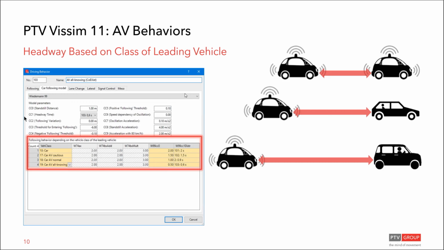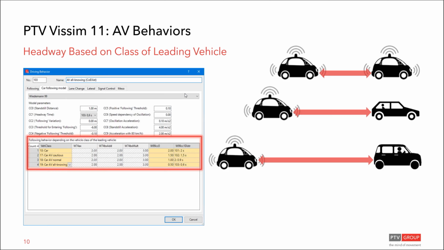So in the driving behavior parameters, you can set for a specific driving behavior that if the vehicle follows a conventional vehicle, you can define what kind of parameters for VDMAN 74 and VDMAN 99 are kept. And if it's following another vehicle, which may not be a connected vehicle, then it keeps larger headways.